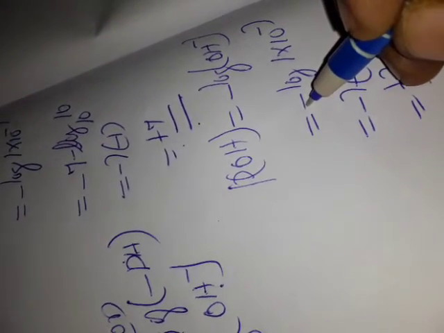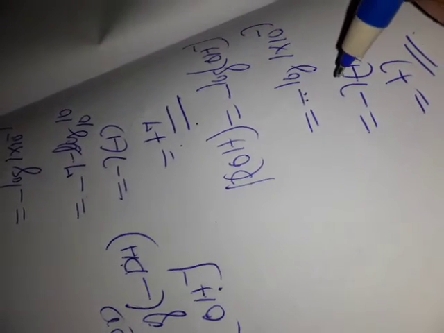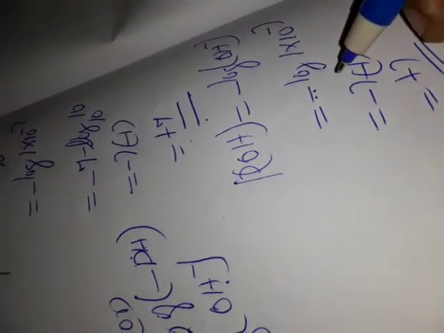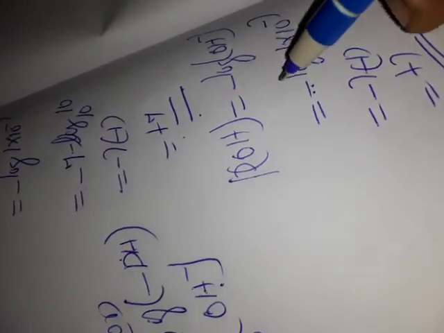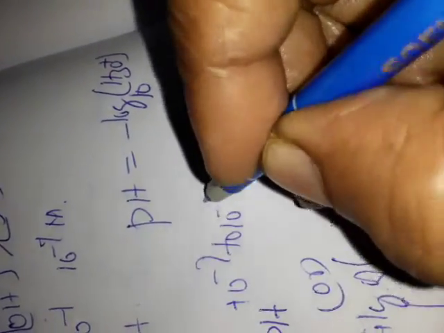This negative sign indicates that when the concentration of H3O plus increases, the pH value decreases. For example, if H3O plus concentration increases from 10 power minus 7 to 10 power minus 5 M, the pH value decreases from 7 to 5.